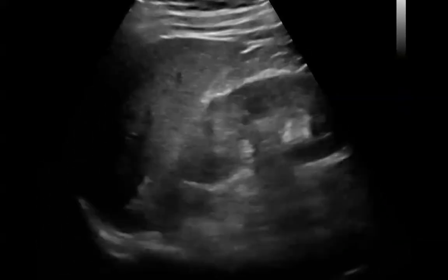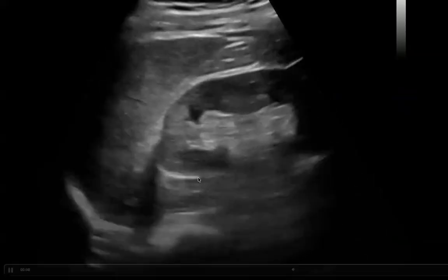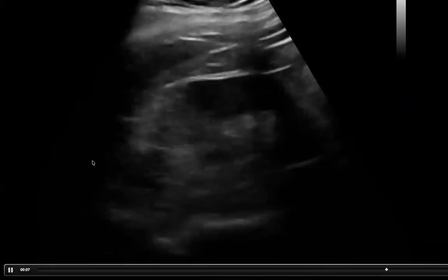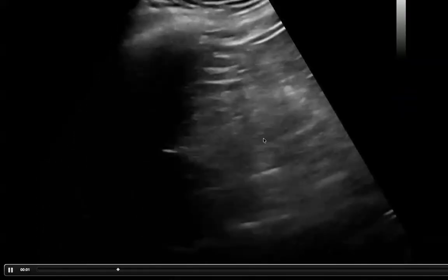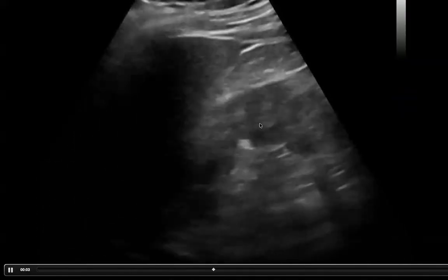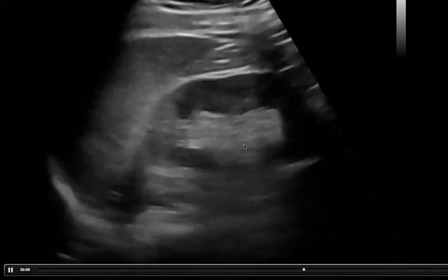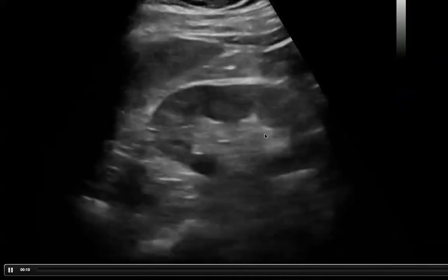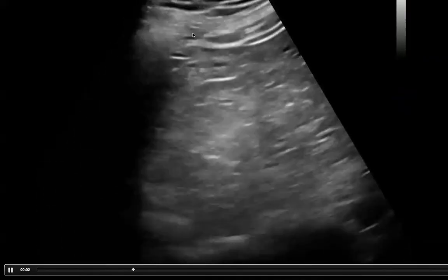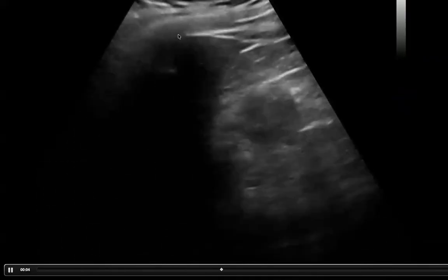So this is an image of, again, that right upper quadrant where you see liver on screen left. You see kidney right in the middle here with the bright white renal pelvis in the middle. There's no obvious hydronephrosis here. And as you can see, as the scanner scans through this clip, there's a shadow that kind of comes in and out.